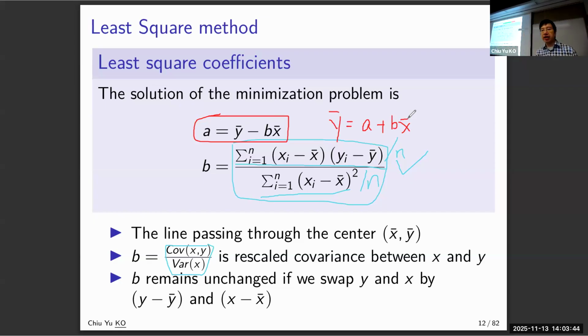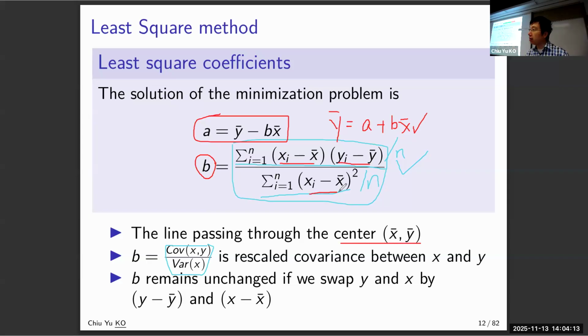That means that (x bar, y bar) is on the line. That means the regression line will pass through what we call the center of the data. So this is the first observation. The second observation: we know that b only depends on x minus x bar and y minus y bar.